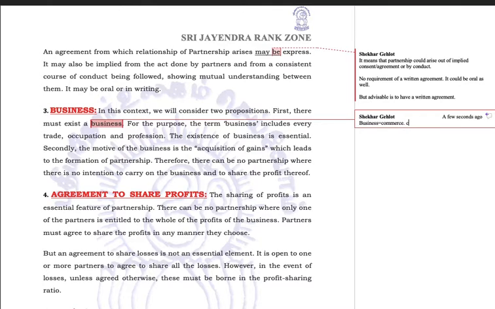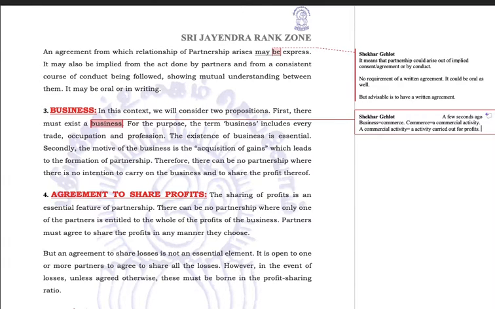What is commerce? A commercial activity. What is a commercial activity? It is an activity carried out for profits.